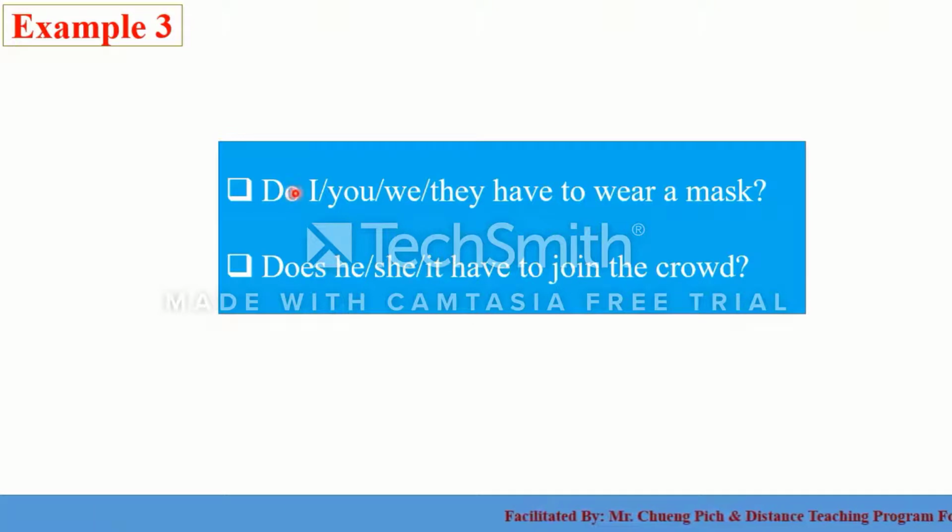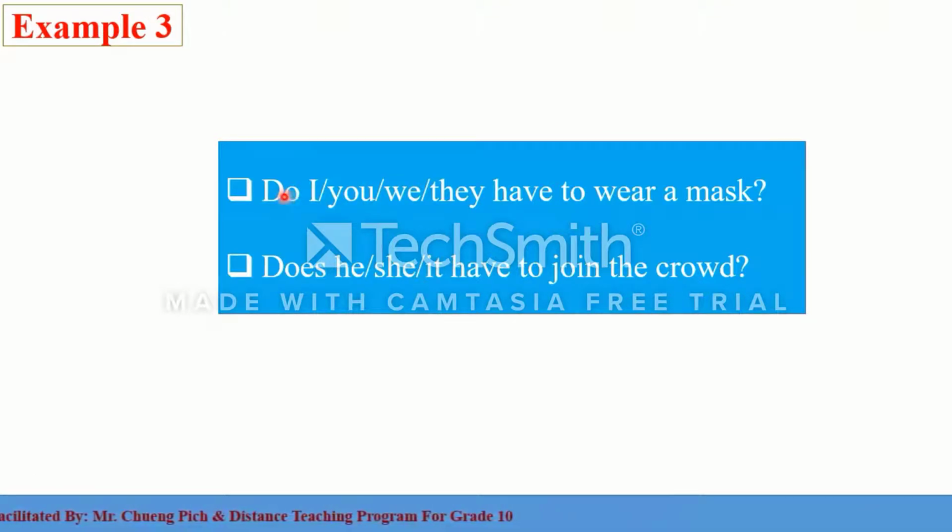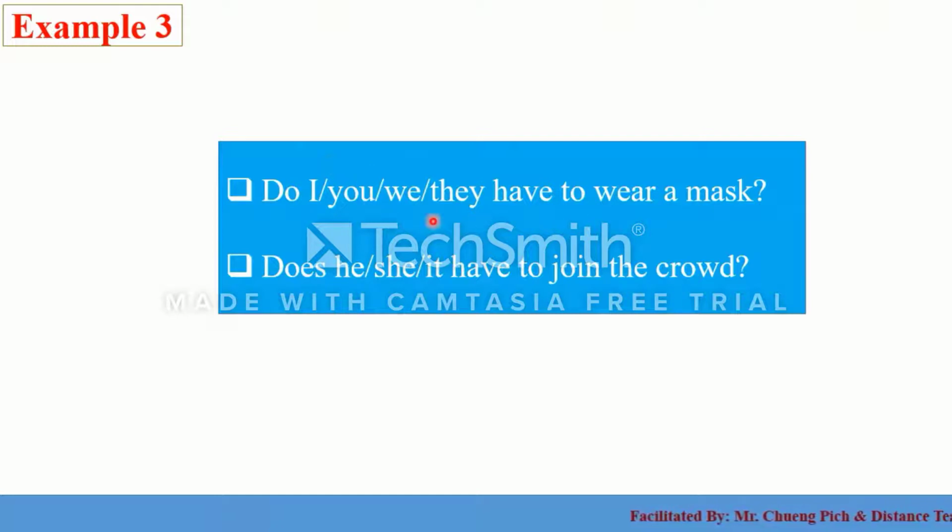So the subject pronouns we can use with do here are I, you, we, they, so we can choose one of them to make a sentence. For example, do I have to wear a mask? Or do you have to wear a mask? Or do we have to wear a mask? Or do they have to wear a mask? So we just choose one of these 4 subject pronouns to make a sentence.